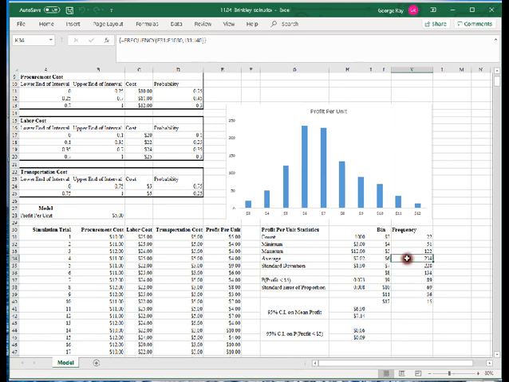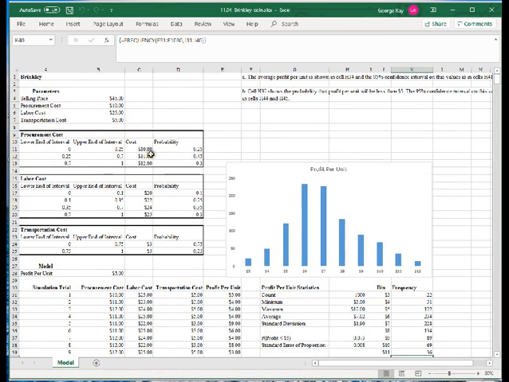And of course, $6 and $7 are very high. The extremes, $3 at the low and $12 at the high, both of those are fairly low counts. And we can graph this and include it in our report that we send to them. So that's what we needed to do for the graded exercise in Chapter 11, Monte Carlo simulations.